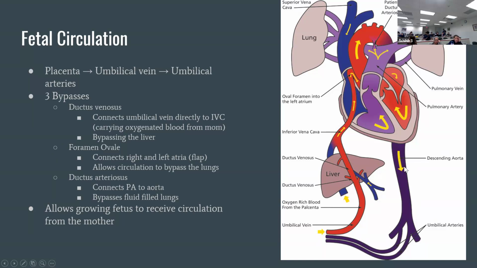So some of the deoxygenated blood is coming back to the placenta. But I see what you mean. So there's blood that perfuses the lungs in here, but that's all it's doing. The whole right side basically is not working for that.